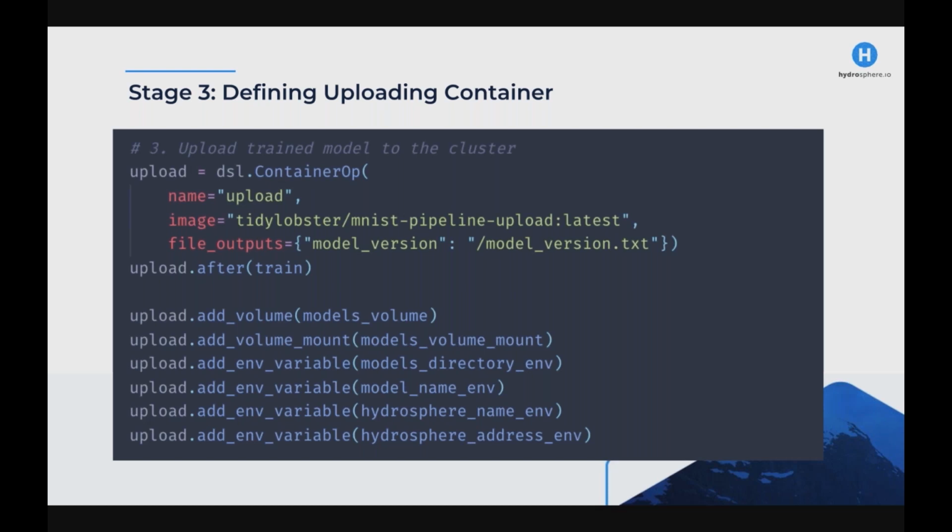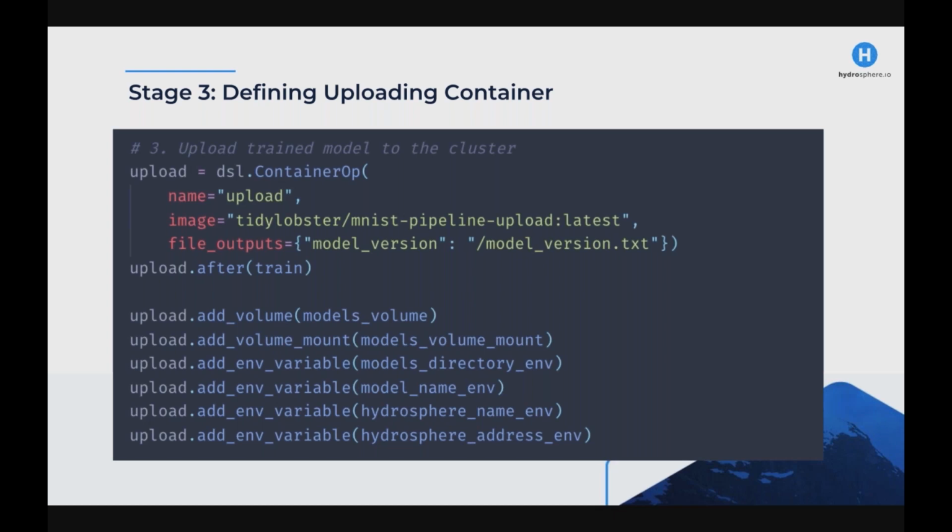In the next step, we perform uploading of the model. We provide a volume mount where our model has been exported in a SavedModel format and upload it to the repository, along with building a Docker image from that model and versioning it.